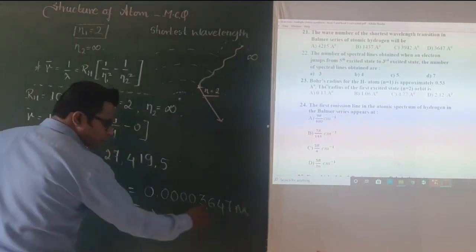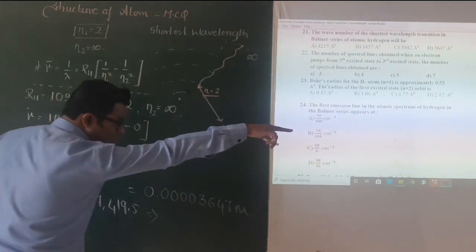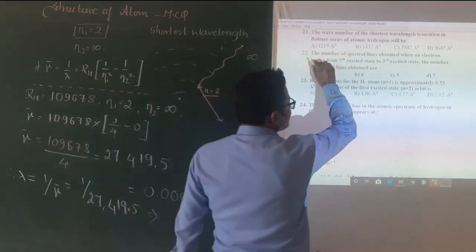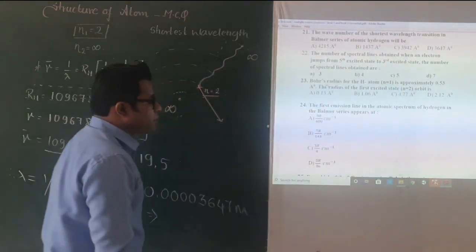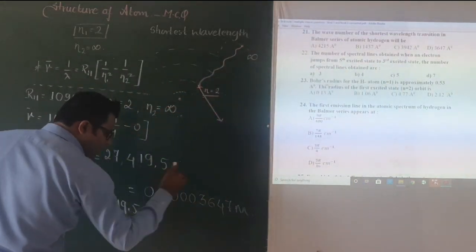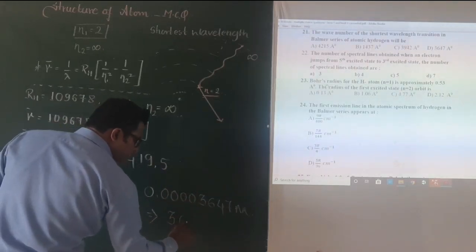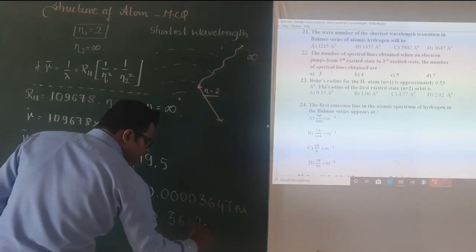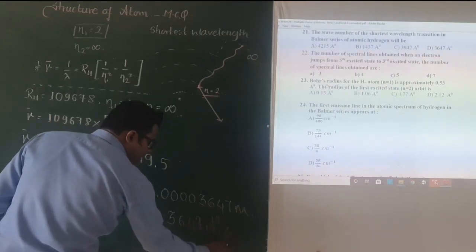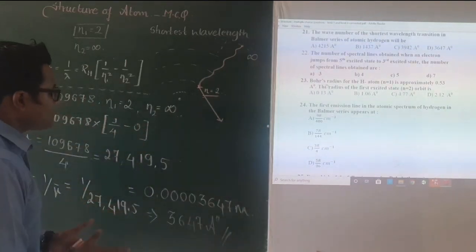Therefore, this can also be written in angstrom units, because we have all the things in the form of angstroms. If we write it in angstroms, we would get 3647 angstrom units. So this is the answer.